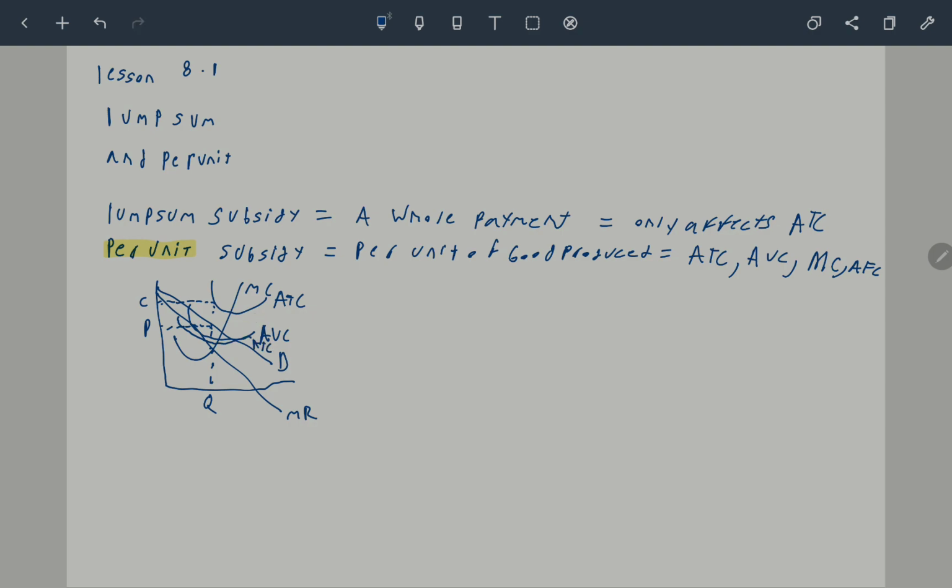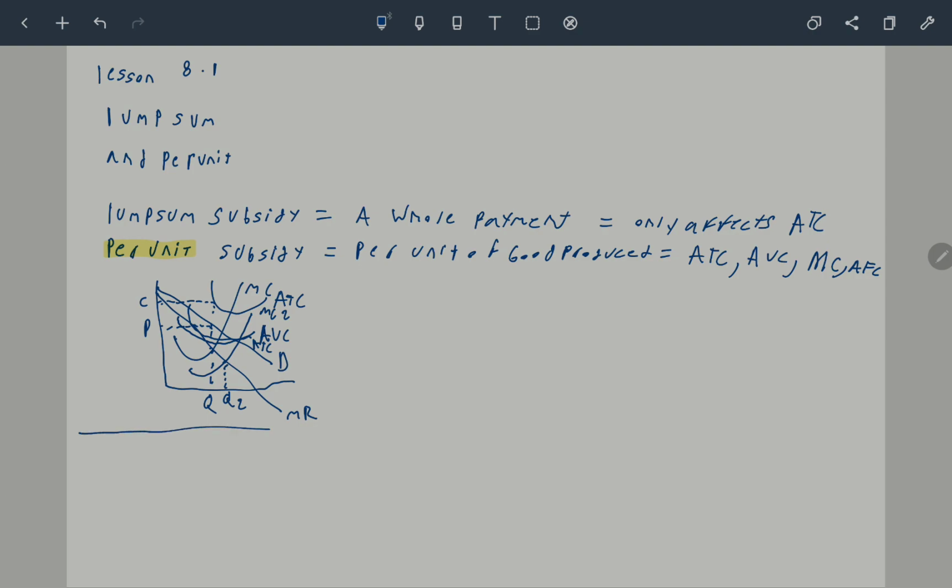ATC, and then we have our MC here, MC2, all the way down here. So it has come back to profit, and we are operating at a lower cost. That is what a subsidy does.